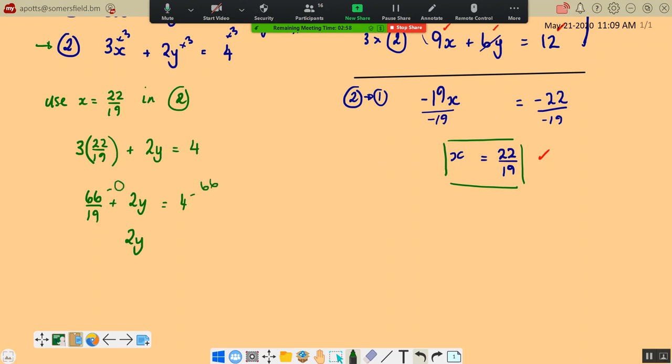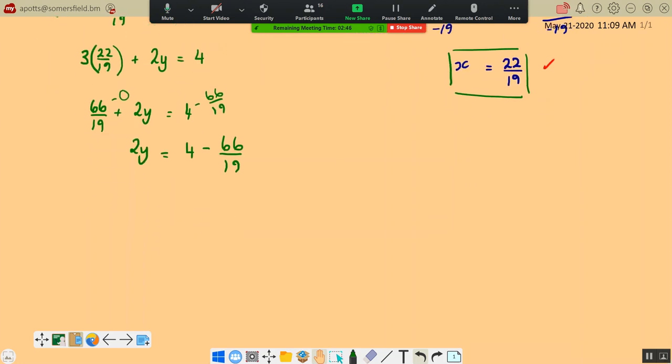So 66 19ths. So we've got to be able to do now, guys, 4 subtract a fraction. How do you subtract fractions? What's the first thing you have to do? Common denominators is better, isn't it? So we've got 2y's and 4 needs to be something divided by 19. Anyone tell me what that is? So we need to do 4 multiplied by 19. So that's 76.